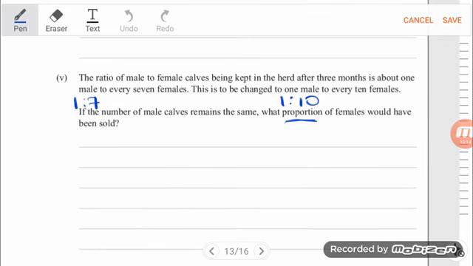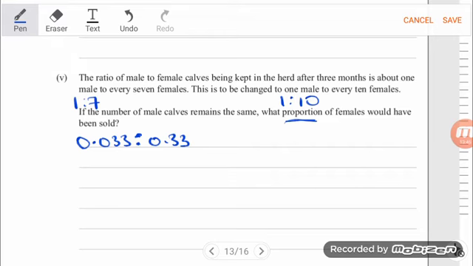Now back here, we know that they want to keep the proportion of males kept the same. We know that the proportion kept is 0.033, right? So if we've got 1 male to every 10 females, if this is 1 male, we have to multiply this by 10 to get the equivalent ratio for females.